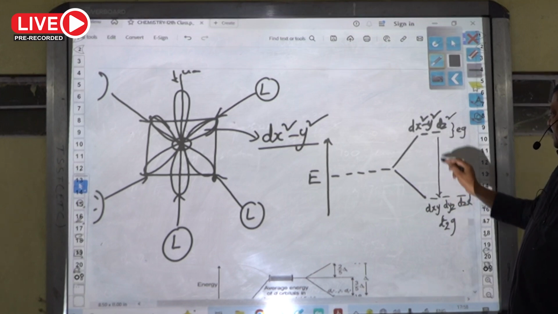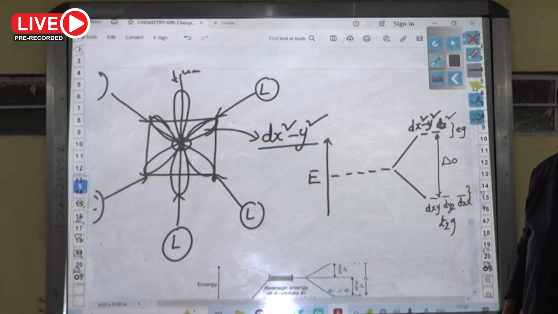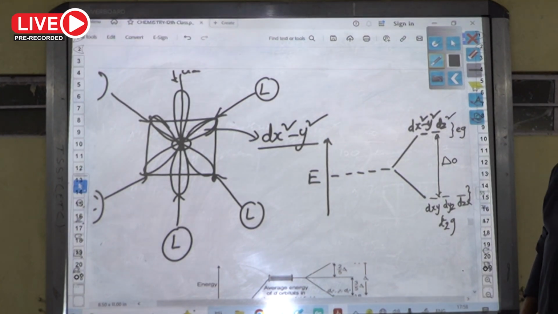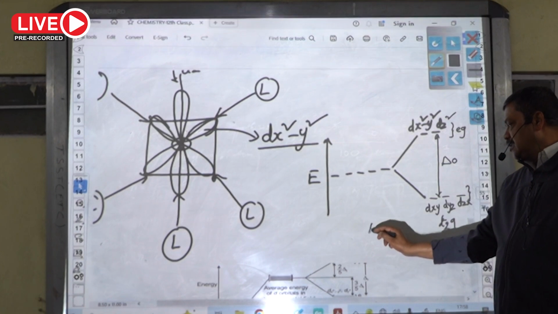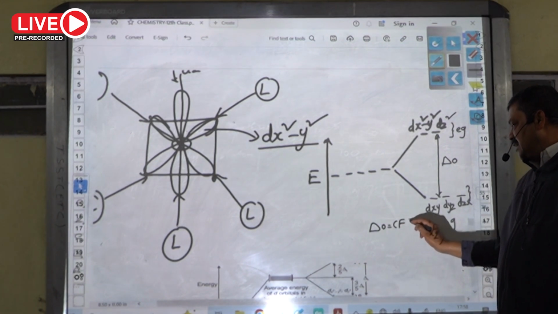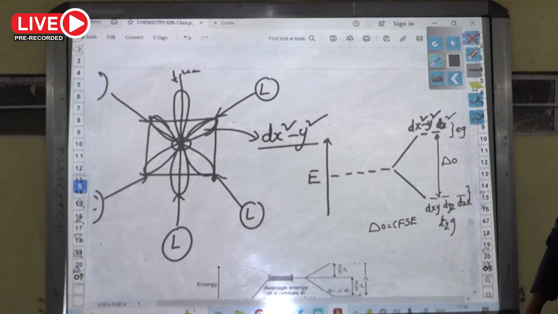The splitting difference is called delta naught, crystal field splitting energy or crystal field stabilization energy. What is delta naught? It is equal to CFSE. What is the meaning of CFSE?